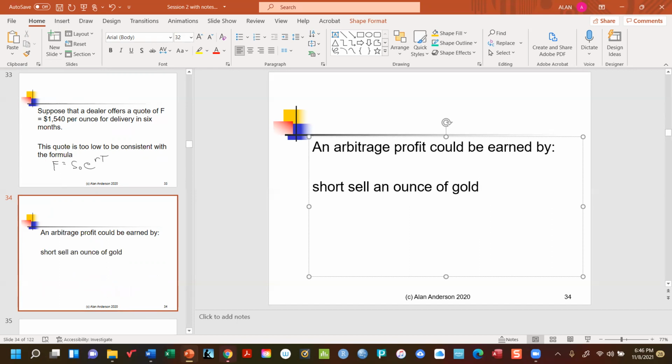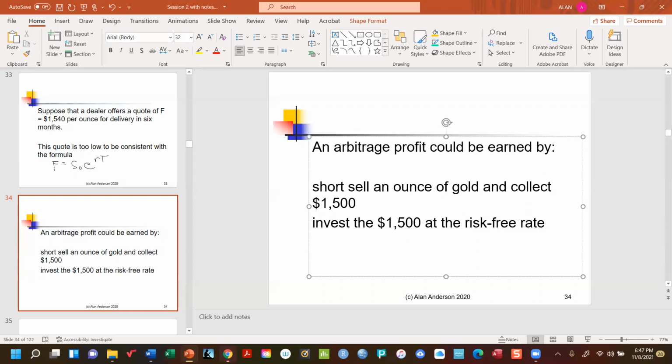Now, what is that all about? Short selling means that you're able to go to a broker and borrow something you don't own and sell it and promise to repay it in the future. So if you short sell an ounce of gold and collect $1,500, invest the $1,500 at the risk-free rate of 6% for 6 months.